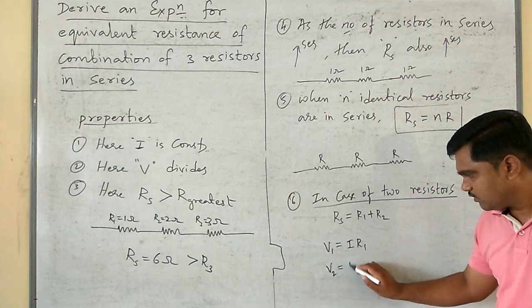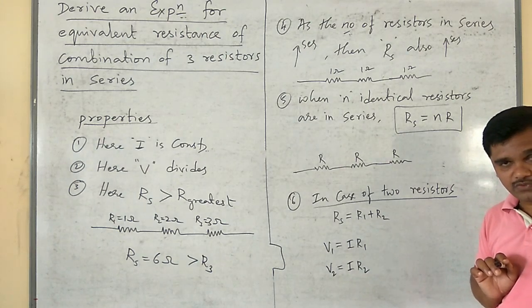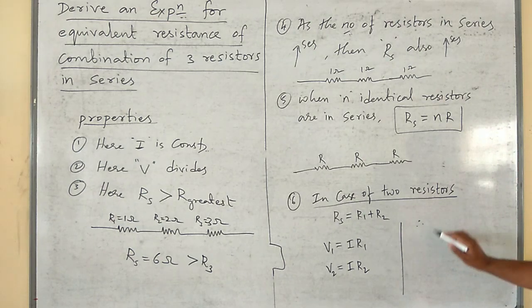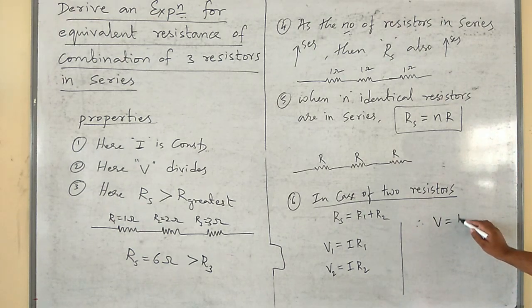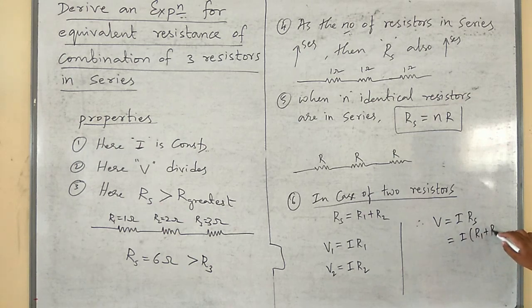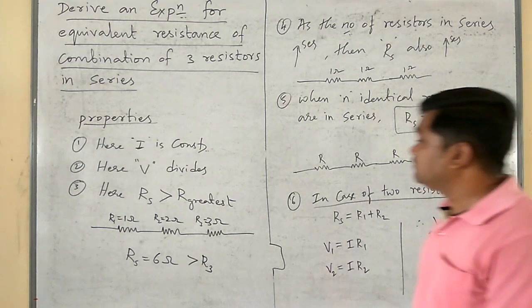V2 is equal to I into R2. Okay, next, we know that V is equal to I into Rs, that is I into R1 plus R2. So this is the total potential drop across the combination.